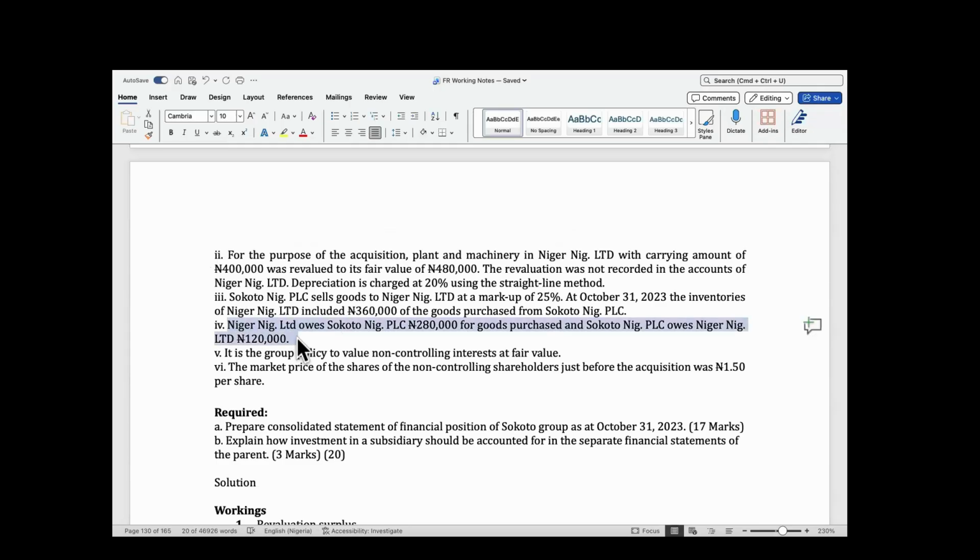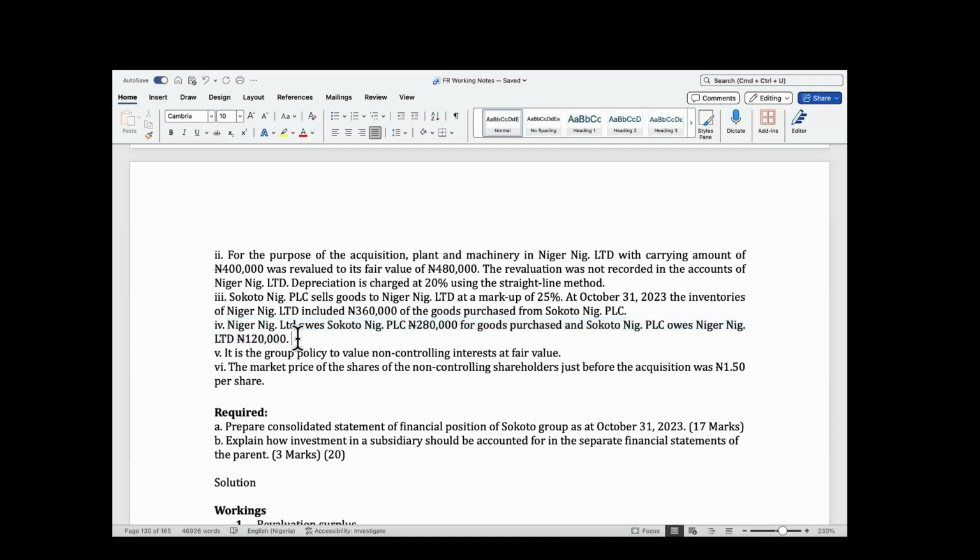So I think we have an element of cash in transit or cheque in transit here. But you said that we should just add the two figures together to deduct from both sides in terms of payable and receivable. So do we need to look at it in terms of cash in transit, the difference between the two, or what? Because I don't really understand why we should add the two together.